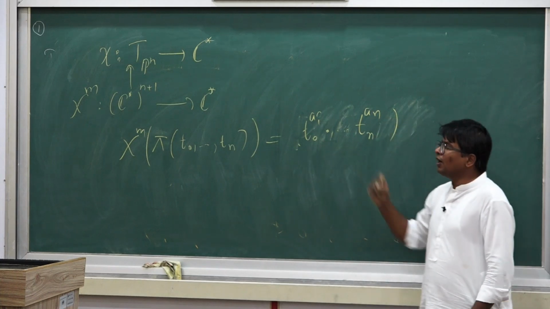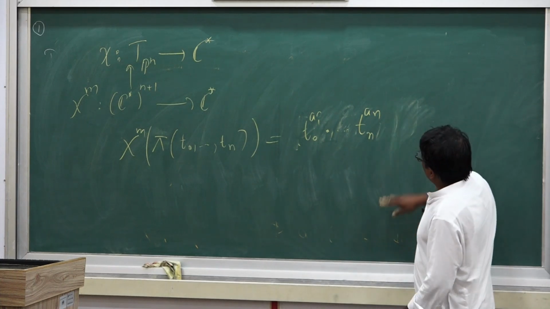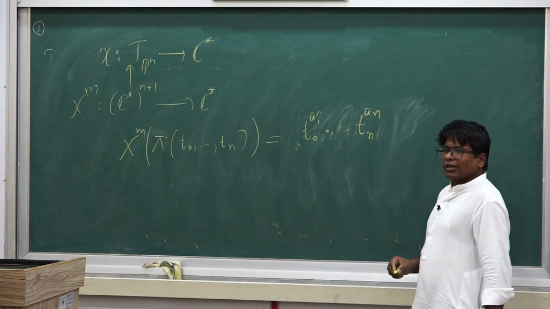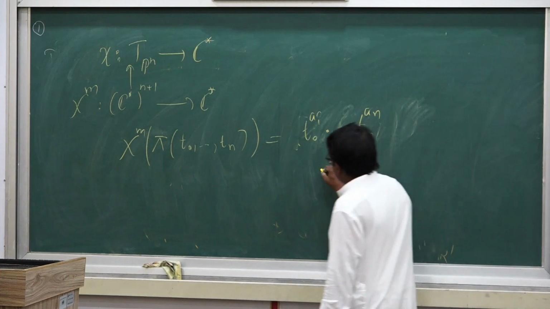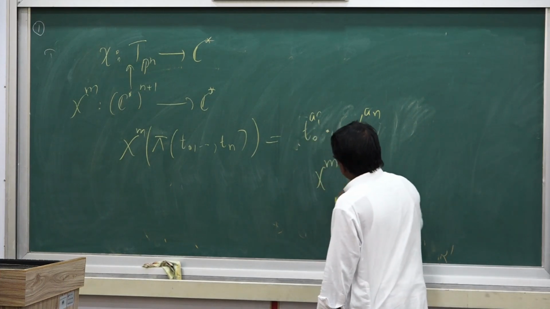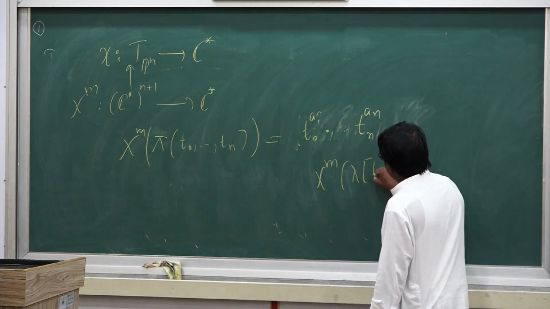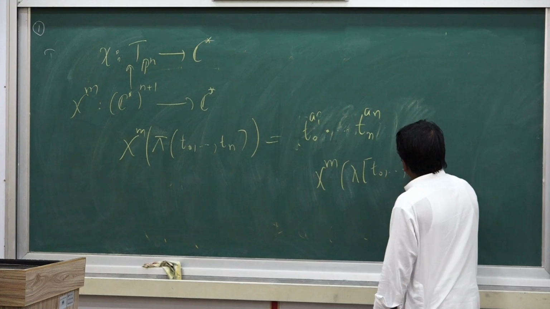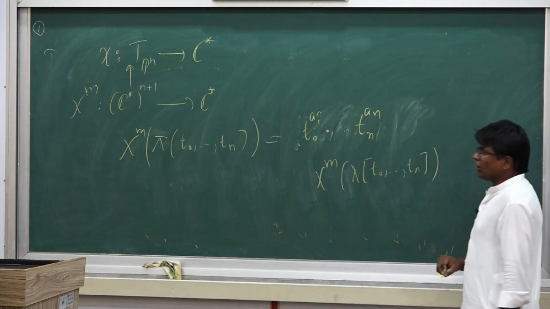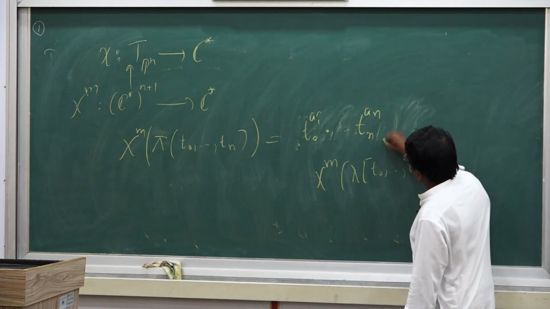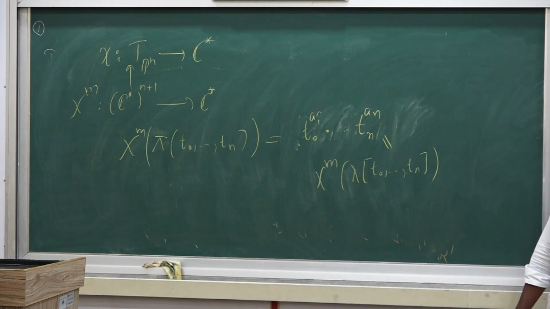But the only thing I have to be very careful about is the following: if I apply this character on lambda times T naught up to Tn, this should also be equal to this thing, right?